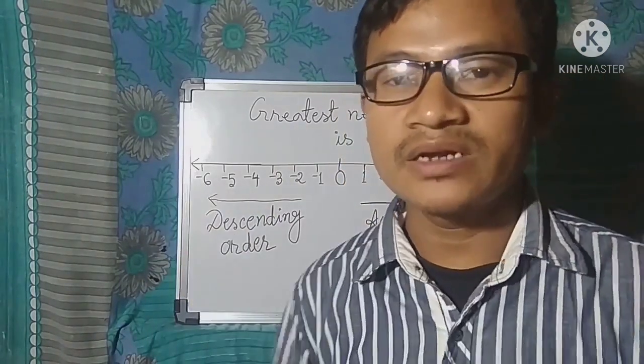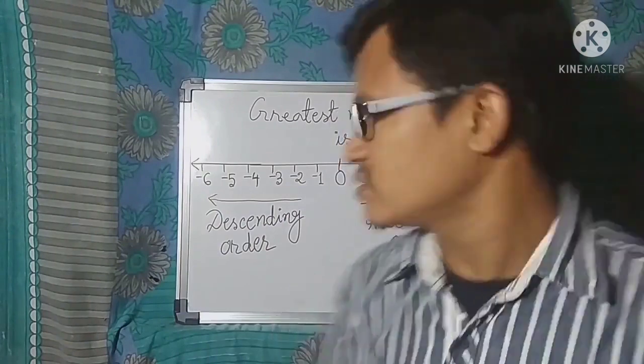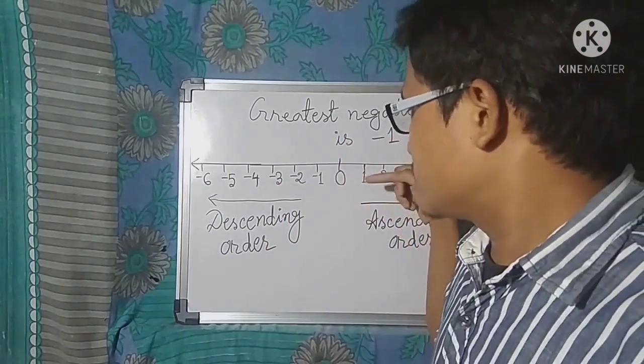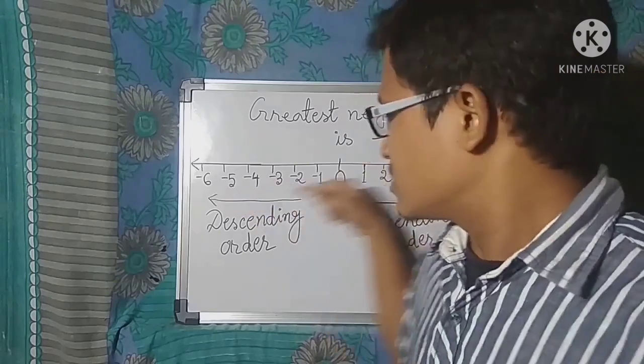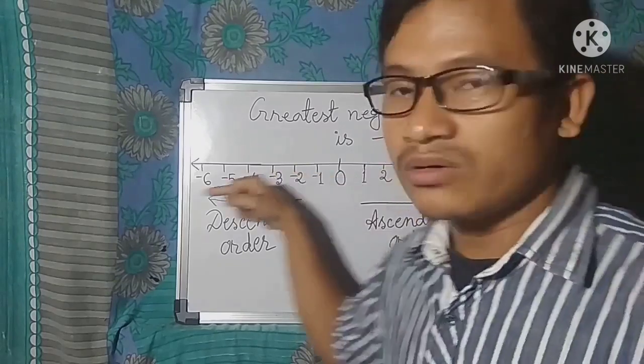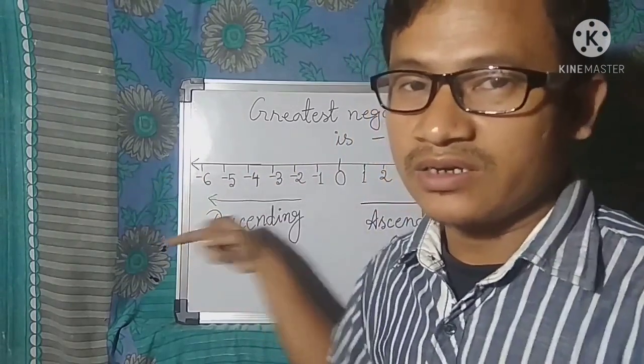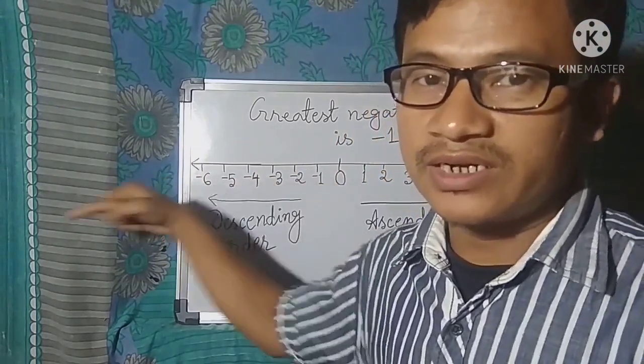We cannot find the smallest negative integer because towards the left side of 0, the negative integers will go on decreasing, not increasing.